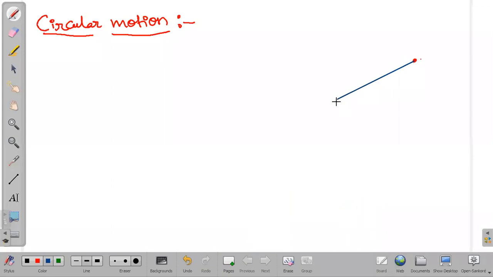One of the edges he was holding. Okay, now if he holds there and tries to move it, holding at this particular point and trying to move it, he was making it move in this particular path.